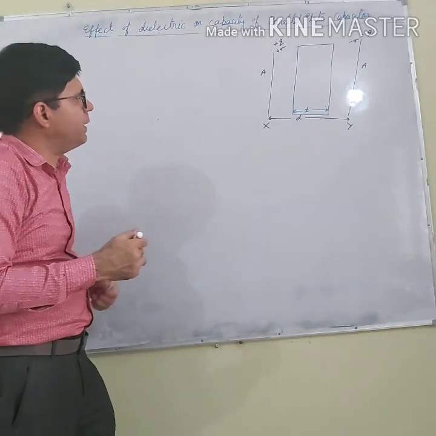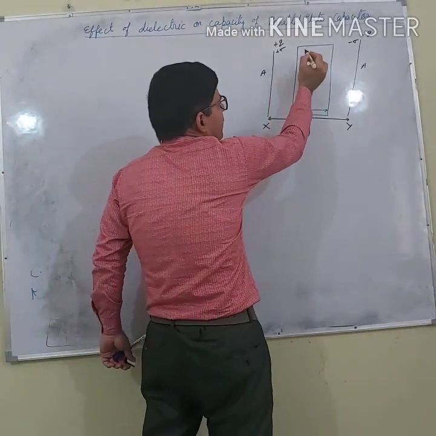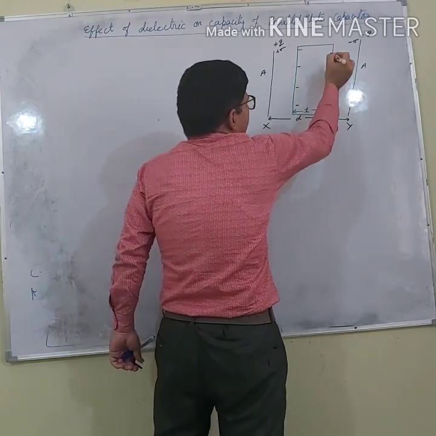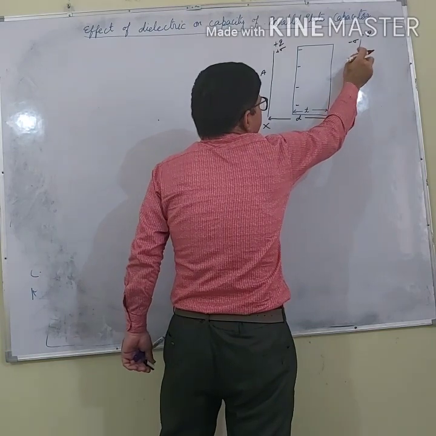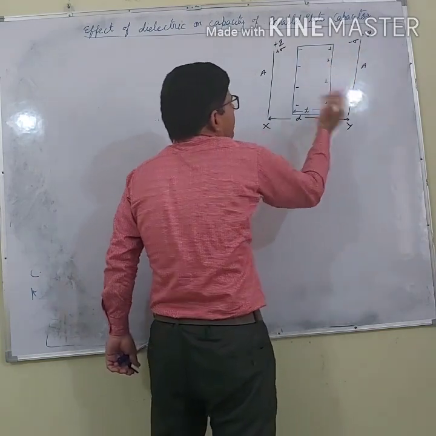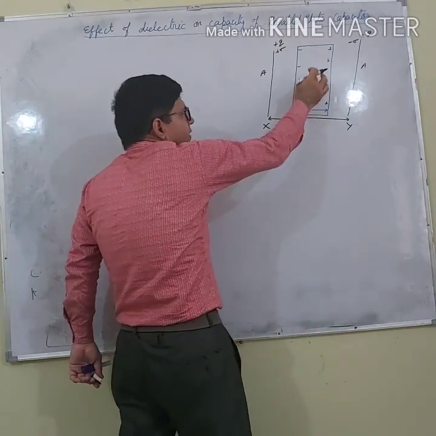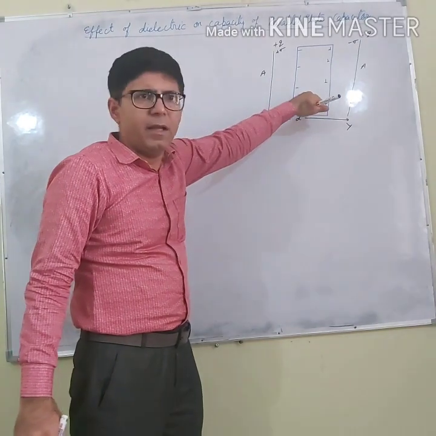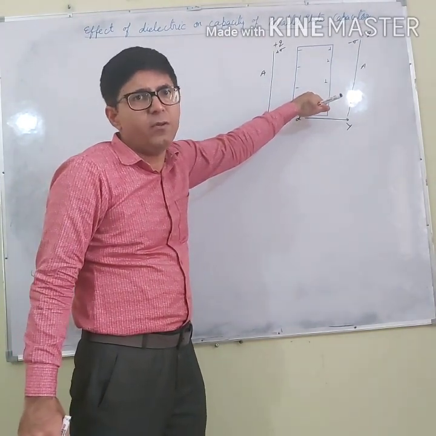All of us know that here positive charge, negative charge will be induced here, and here positive, negative charge. So as a result of this, the electric field will have its reduced value.